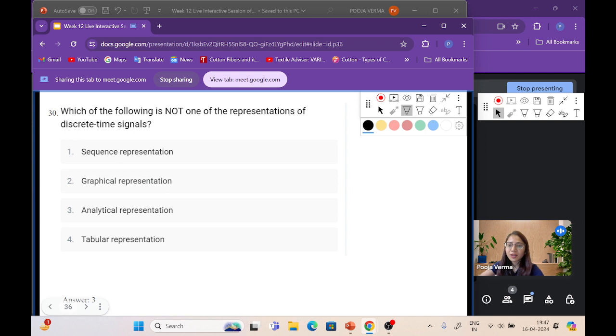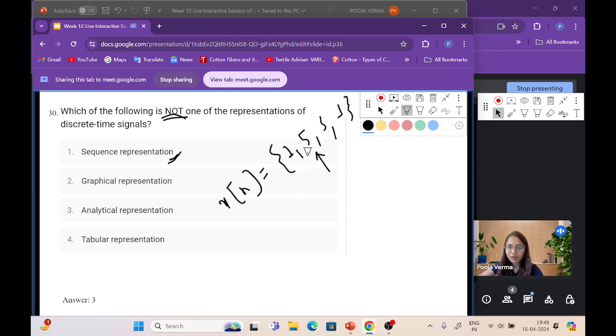As we know, a discrete time signal is represented in sequence form, that means 1 5 3 1 and so on. So this is a sequence representation of the discrete time signal.